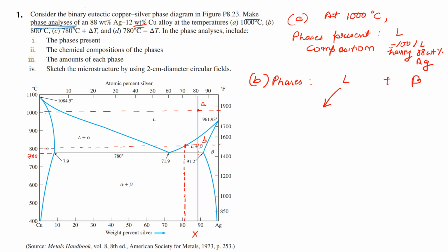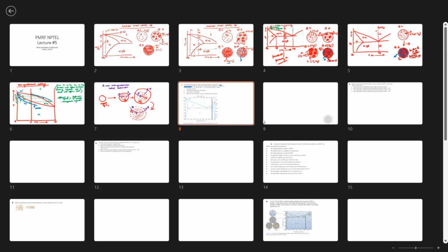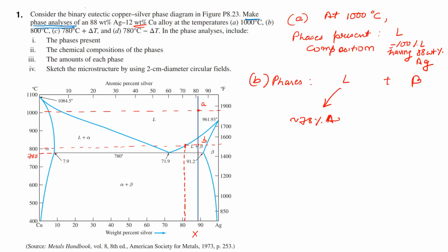It doesn't look like it, but it is about 78%. Rather, it looks like above 80. Yeah, this is because we are doing it roughly. So nearly 80, you can assume it will be 78% silver. And you can deduct it from 100 to get the percentage of copper, right?